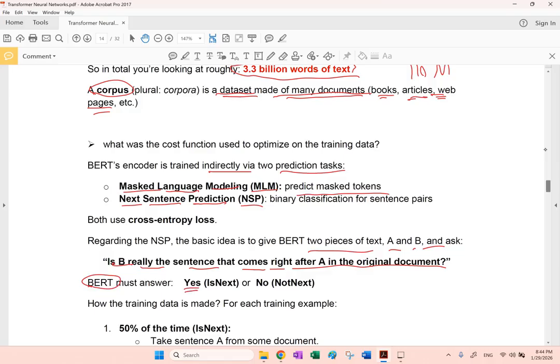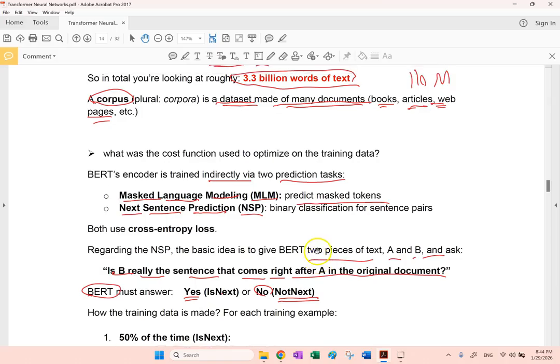You either say yes, B is next of A, or no, not next. Okay, and again, since you have one sequence and then another, and you know the order of them, and whether it should come from that or not, you can again easily get the training data.